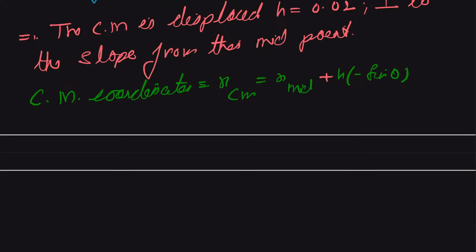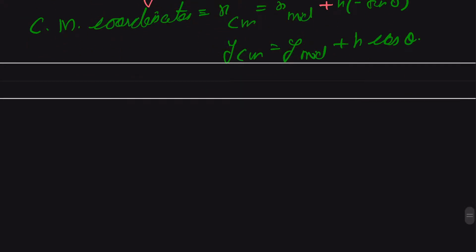So we get that our xcm, let me write this as ycm also, then we can calculate it, and our ycm will be equal to y of midpoint plus h cos of theta.